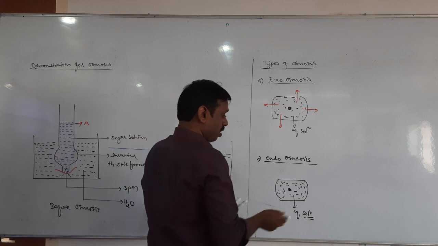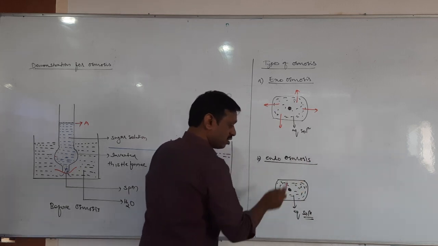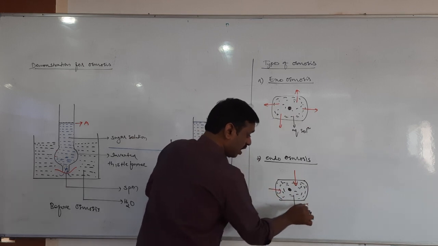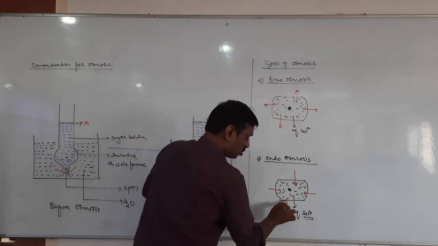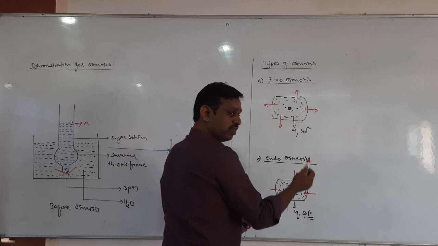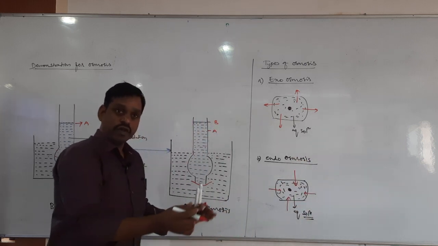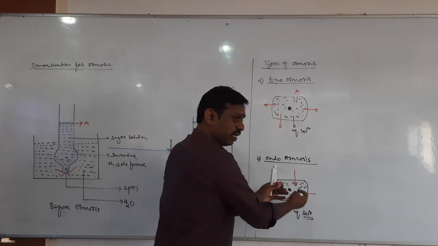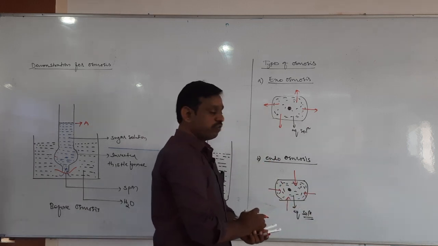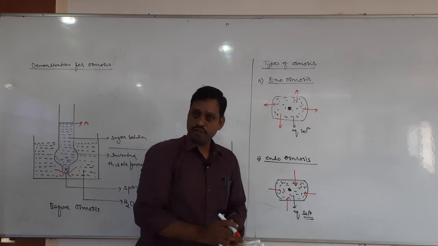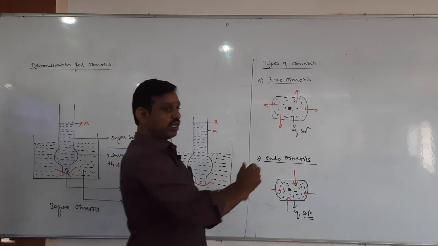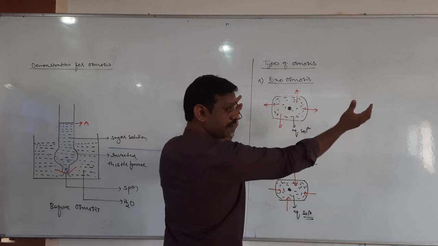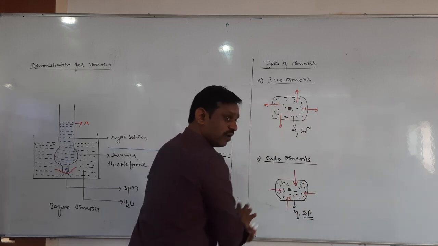Now tell me, in case of endoosmosis, there is a flow of water from outside into what? Into the cell. Therefore, it is called inward flow of water from the outside of the cell into the cell, which is called endoosmosis. Therefore, in exoosmosis, there is a flow of water from the cell to the outside, and here it is from outside into the cell.